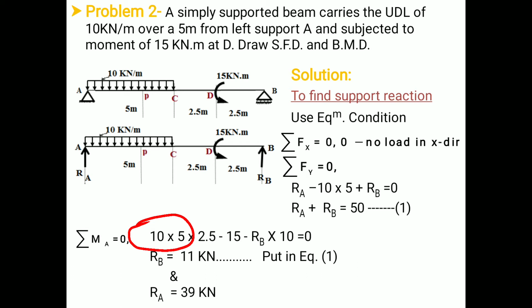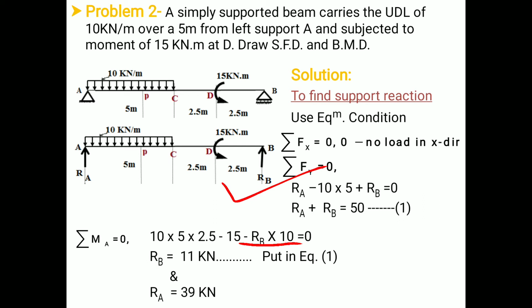Half of 5 is 2.5. Minus 15, because this moment is acting in the anti-clockwise direction, therefore it will have a negative sign. Again, RB is acting in the anti-clockwise direction, therefore minus RB into the perpendicular distance, which is 10.